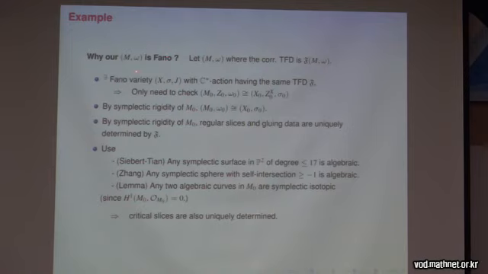Then the reason why we can conclude our manifold is Fano is like this. First we find the Fano variety, and the second and third points are that symplectic rigidity implies that the regular slices are uniquely determined, and the grading data is also uniquely determined.